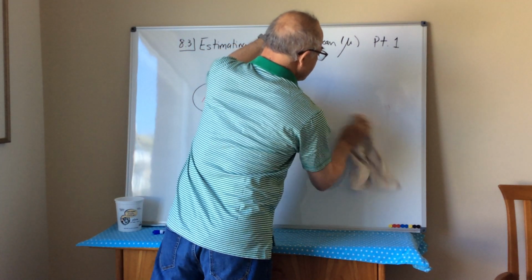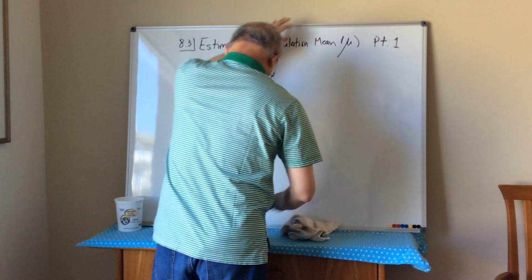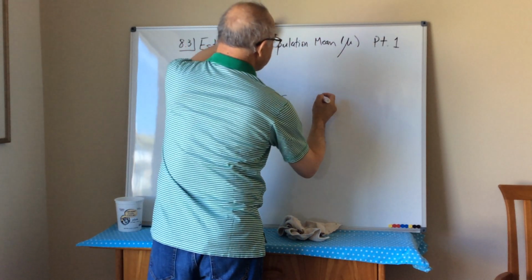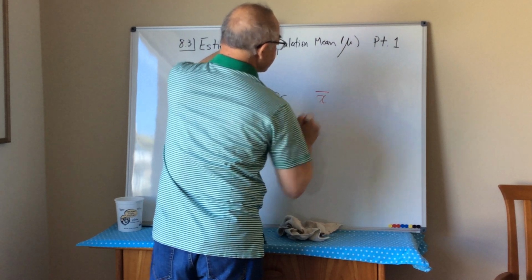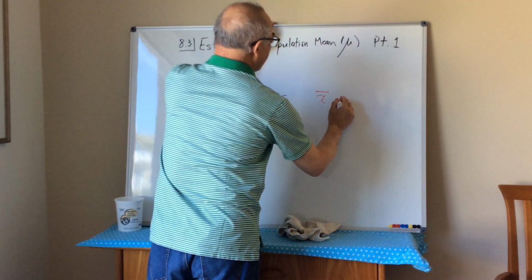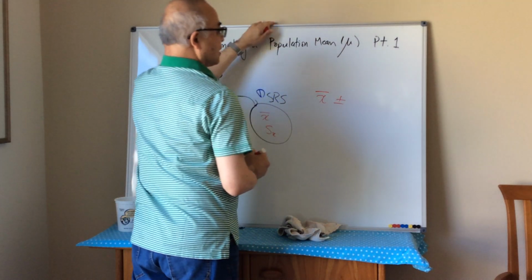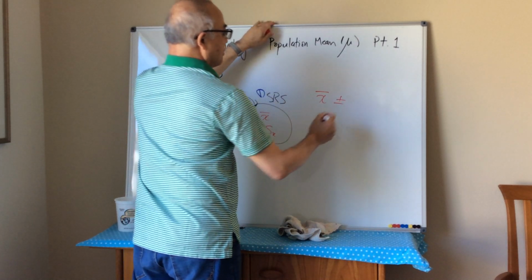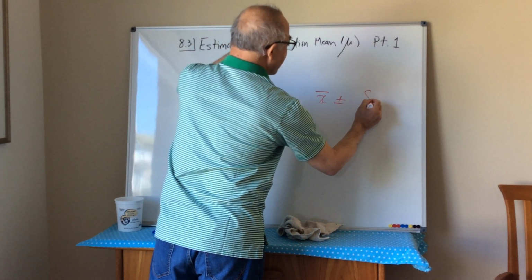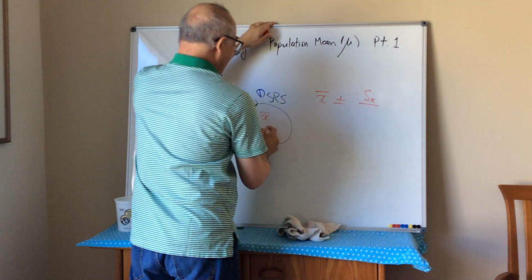We're going to use the x bar, obviously. This is an unbiased estimator. And then we're going to use this somehow.